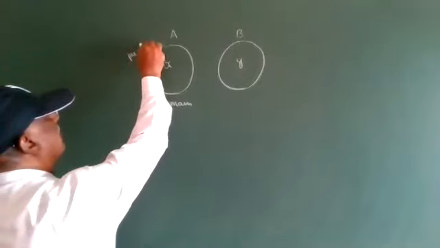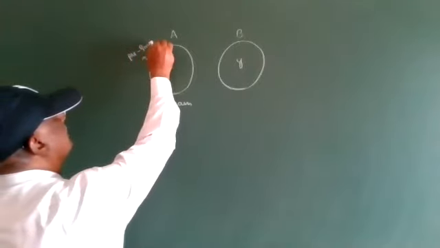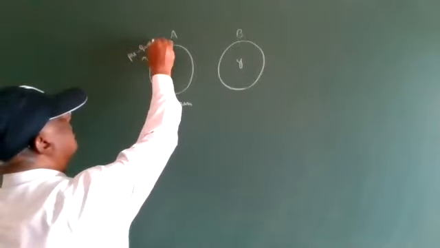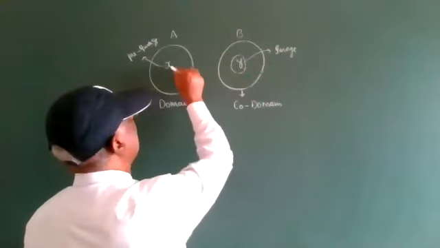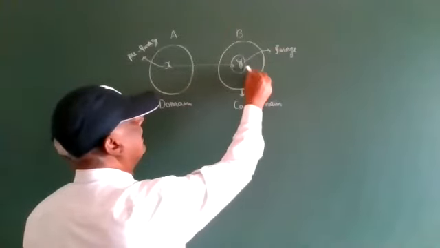This is called the pre-image, and this is called the image. This is called the codomain. The relation elements are called the range.